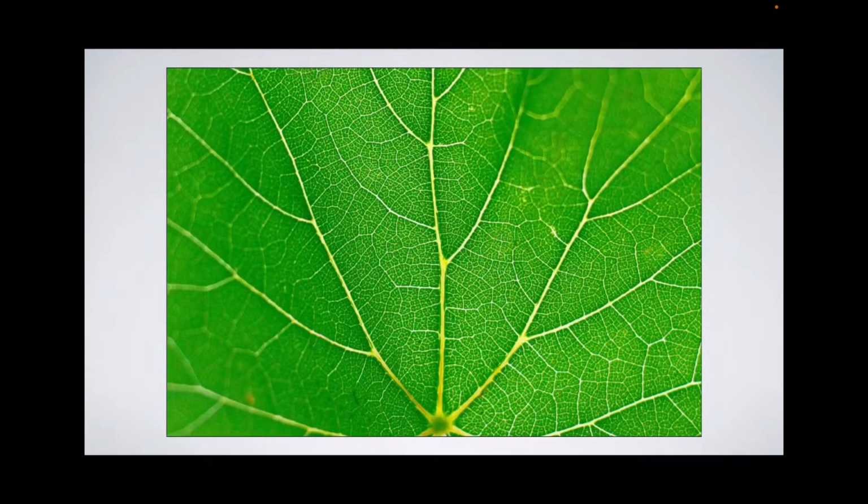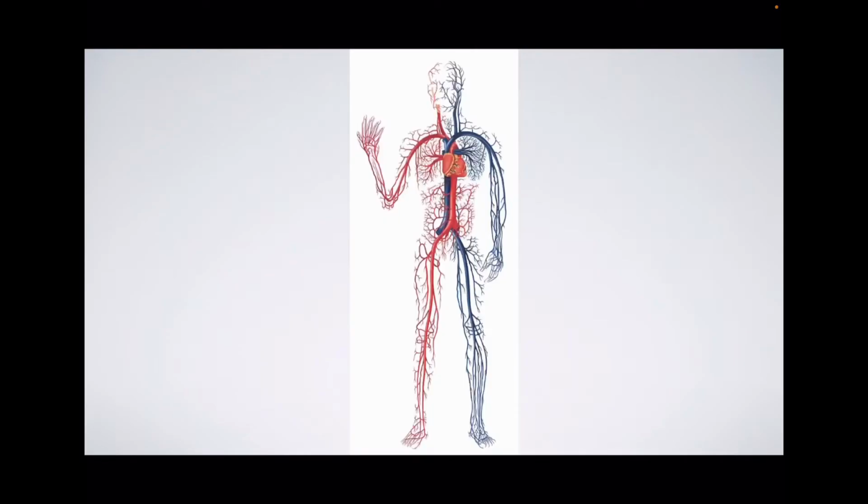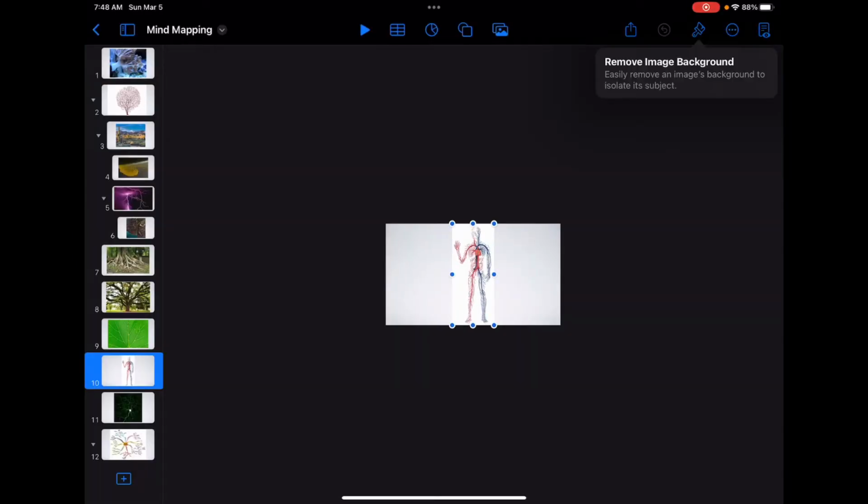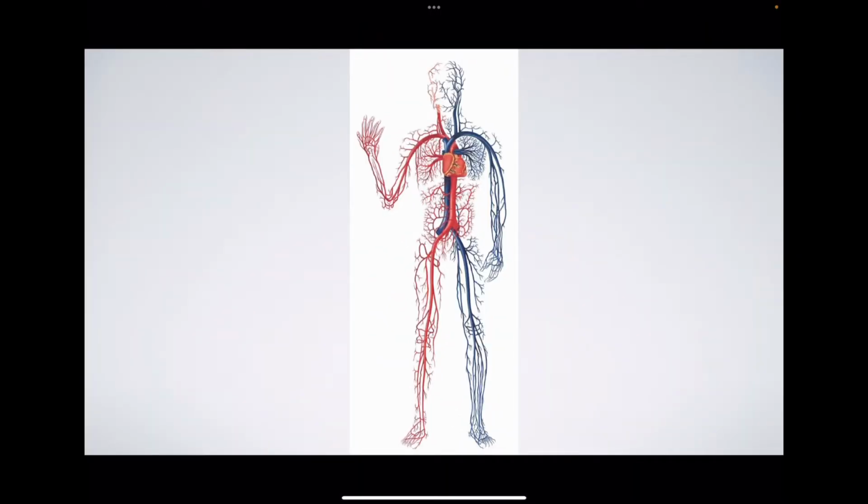The veins in a leaf. Your circulatory system. This is interesting because, again, it's that same structure. You've got the heart in the middle, and then that turns into the arteries.